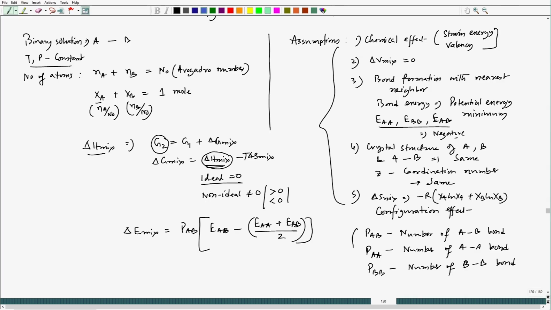In fact, we have initially started with all types of bonds, and we have found out the bond number values of AA and BB as well, and then expressed the energy of mixing in terms of the AB bond type.